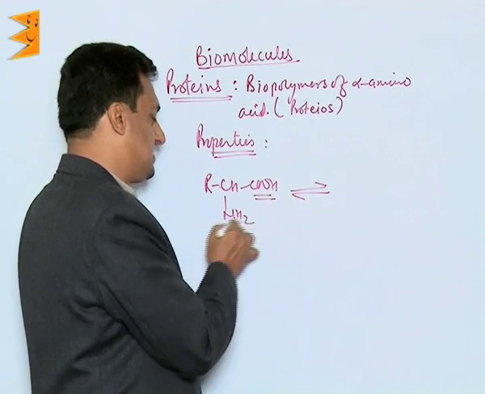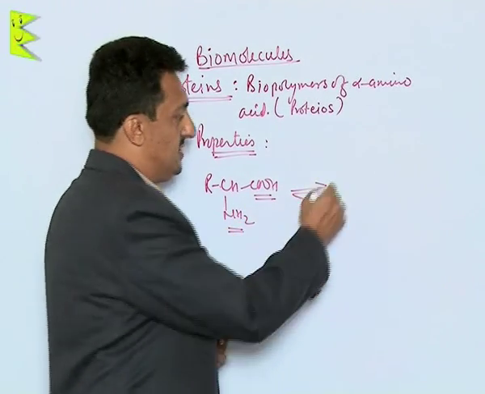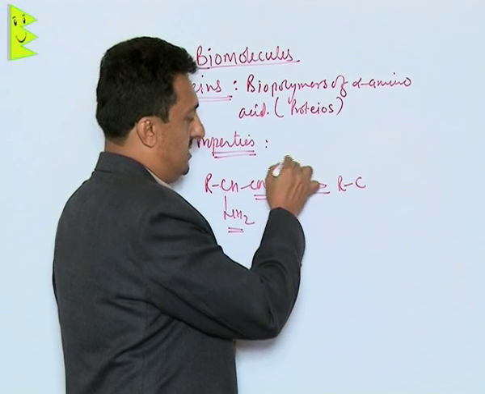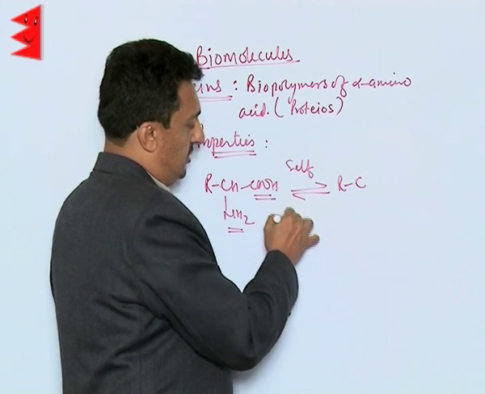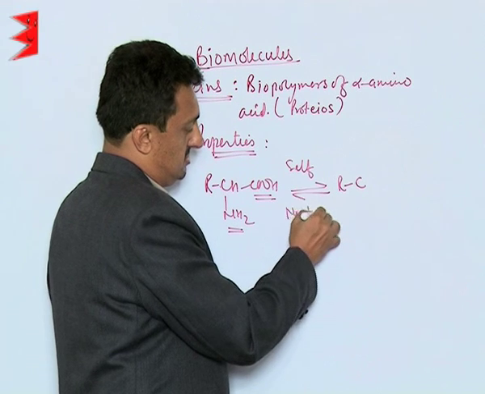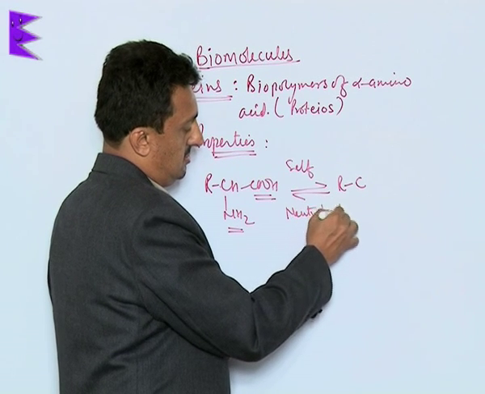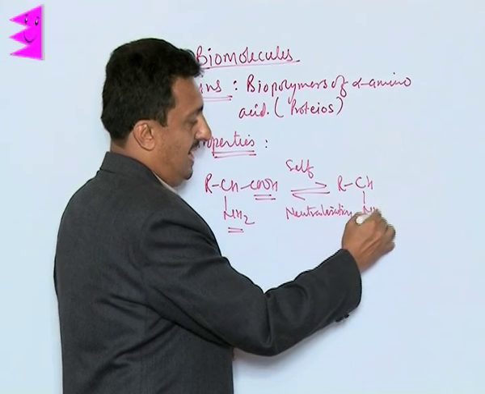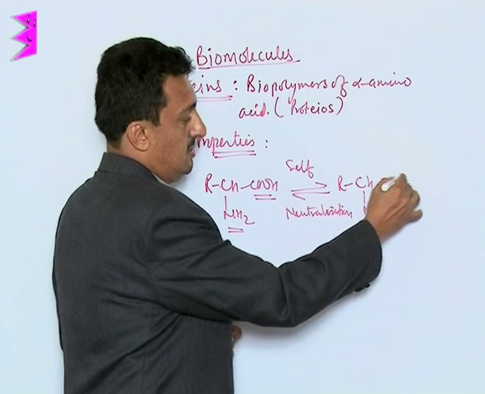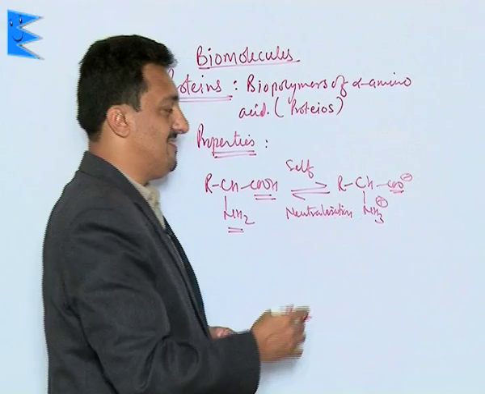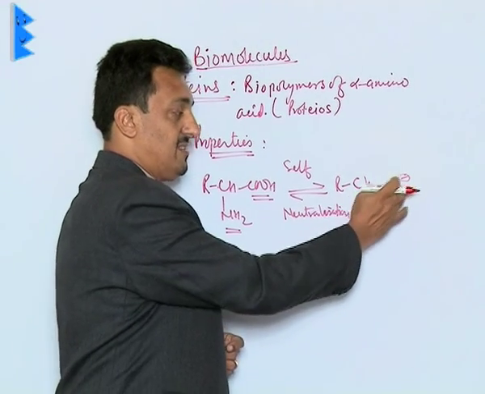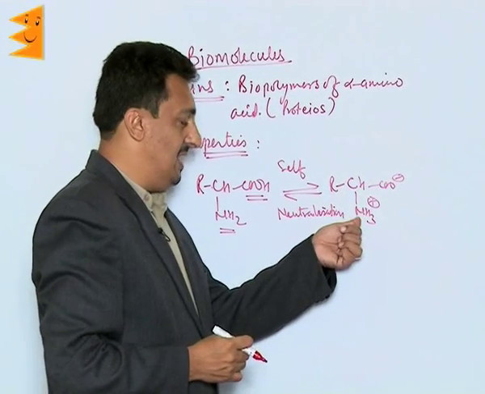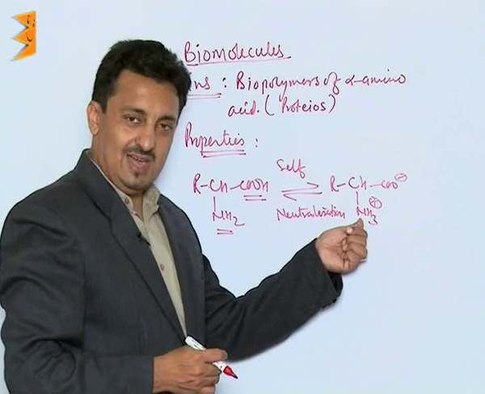How? We have an acid group and a basic group, so they easily show what? Self-neutralization. Now, due to this self-neutralization, the acid group gets changed to the what? Carboxylate ion, and the NH2 group gets changed to the ammonium ion.